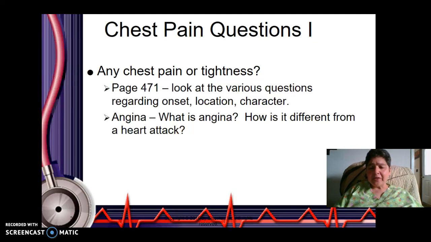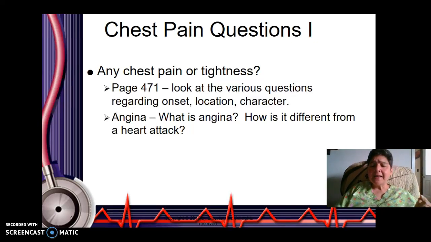I'll let you think about that for just a minute. So angina itself is just chest pain, and how it differs from a heart attack is that it usually subsides on its own. It usually kind of comes and goes. It's not a consistent, constant pain.